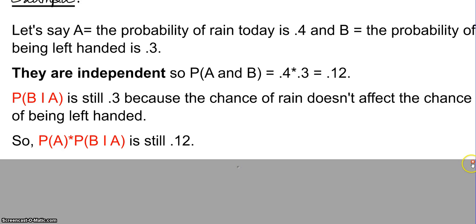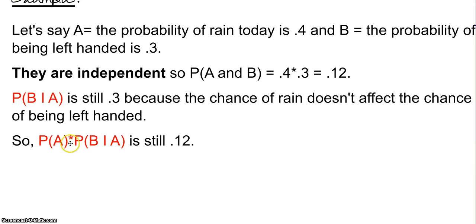So if I look at this, the probability of A times the probability of B given A is still going to be 0.4 times 0.3, which will still be 0.12. Because conditional probability does not affect independent events. Independent events will have the same probability because the probabilities don't affect each other. That's the definition of independent events.